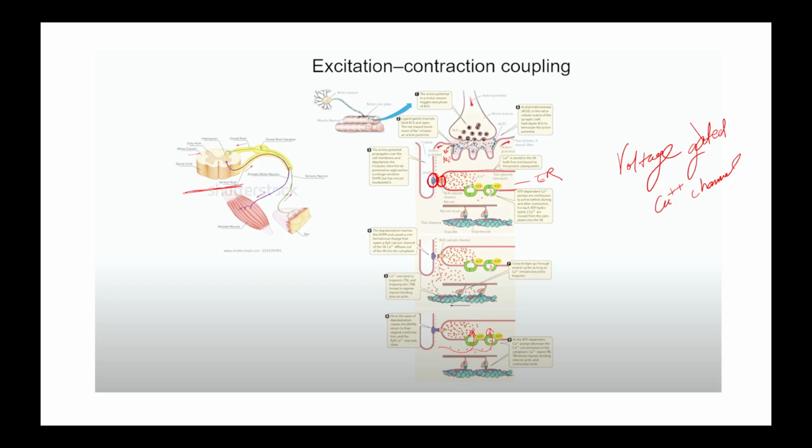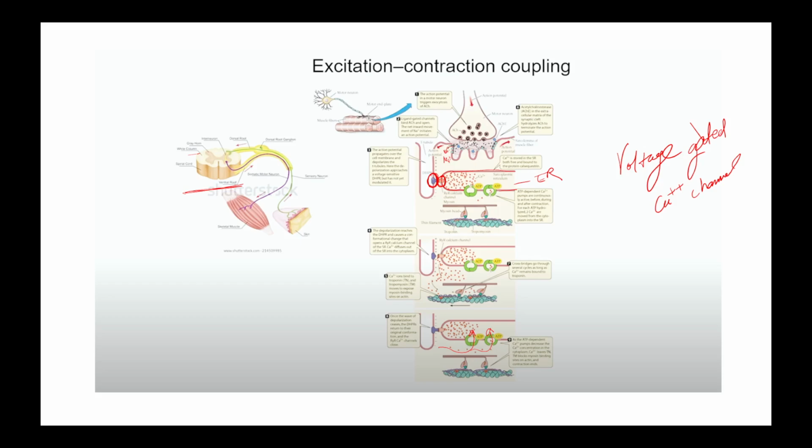As the ATP dependent calcium pump decreases the calcium concentration, the cytoplasmic calcium leaves the troponin, and the tropomyosin blocks the myosin binding site on the actin, and the contraction ends. So that is how the entire process is regulated by our brain.